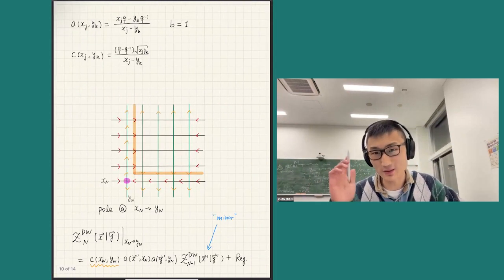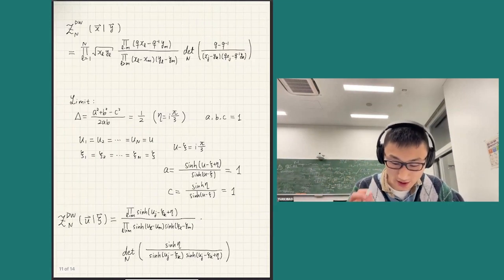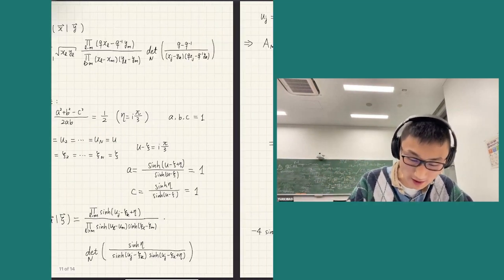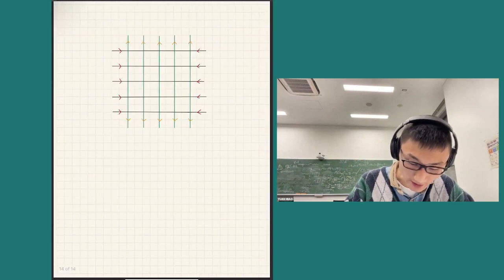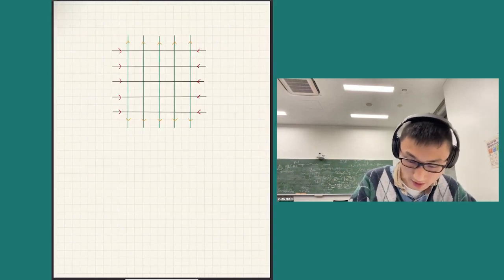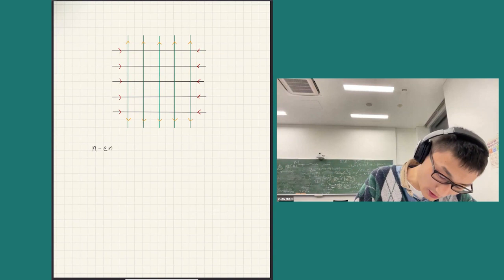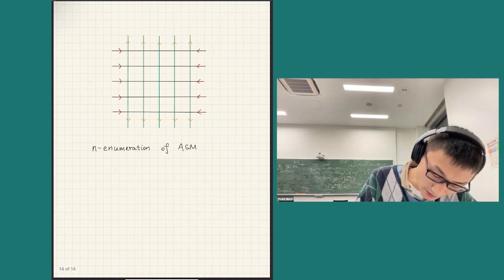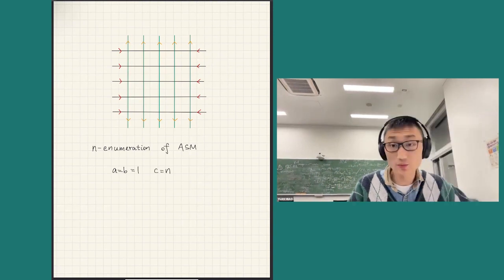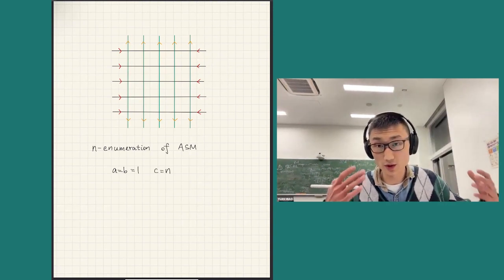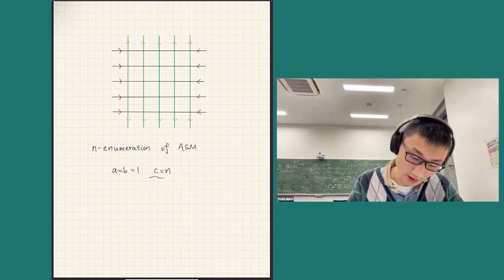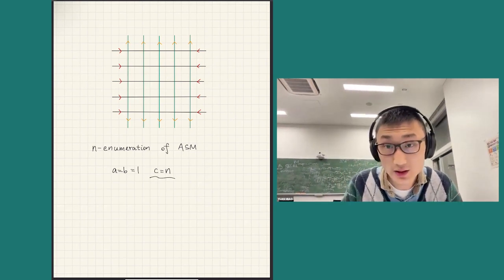Okay, maybe it has something to do with it, because typically you can define some object called n enumeration. This is essentially like, let's say you choose A equals B equals 1 and C equals n, so you put some additional Boltzmann weight on your C vertex.